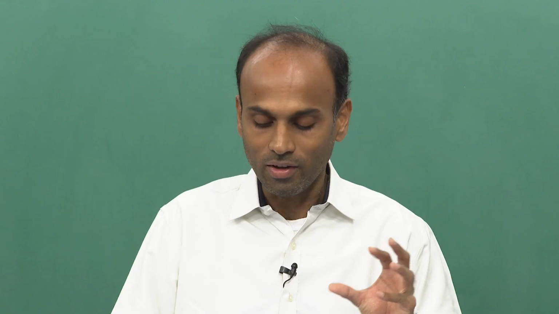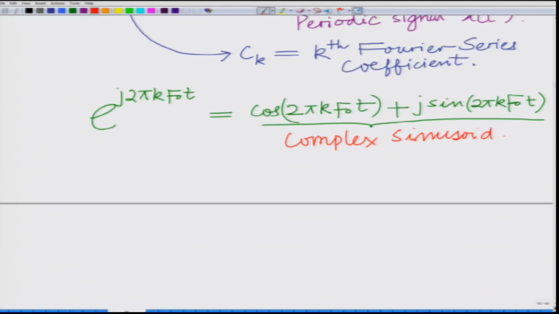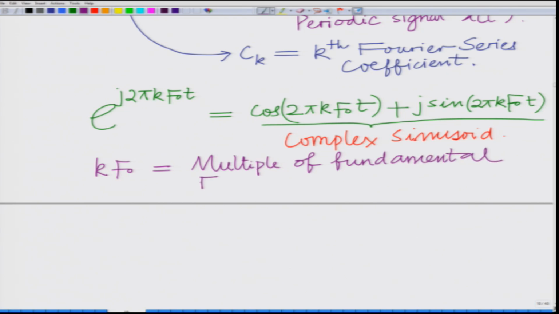All right. So, what we are saying is, each k f naught is a multiple of the fundamental.